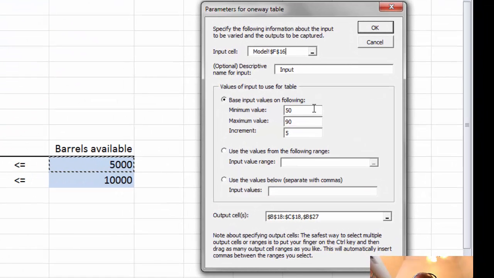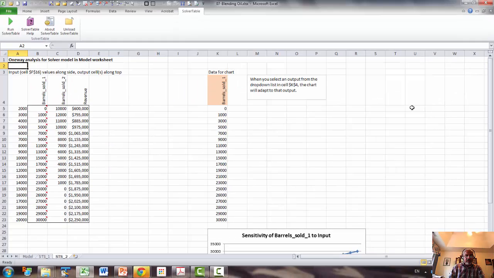Alright, and we want to go from 2,000 barrels to 20,000 barrels in increments of 1,000 barrels. And let's leave the output the same. So this is the input cell. Click OK.